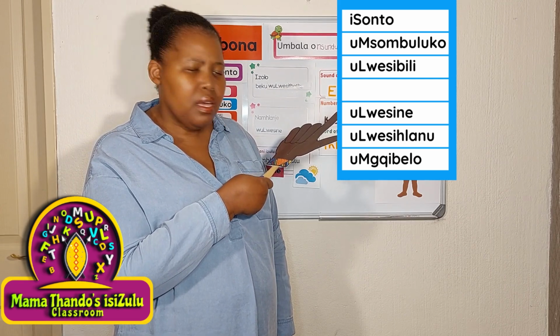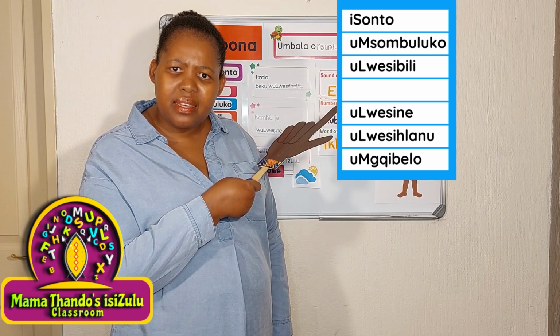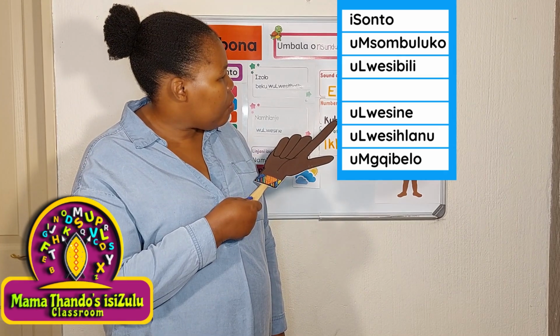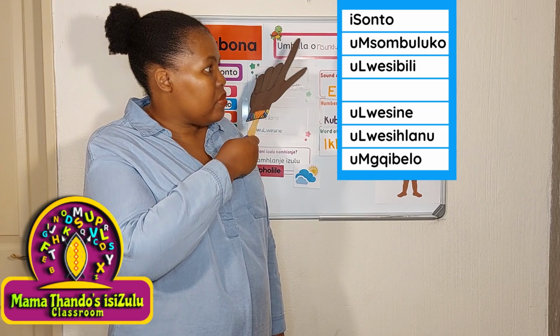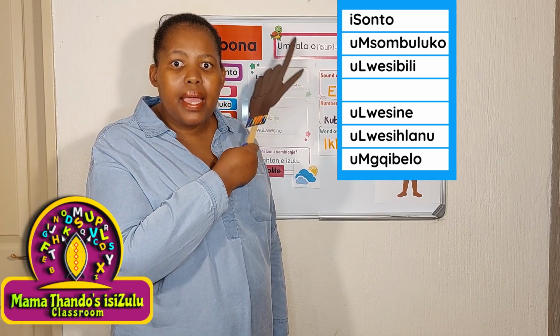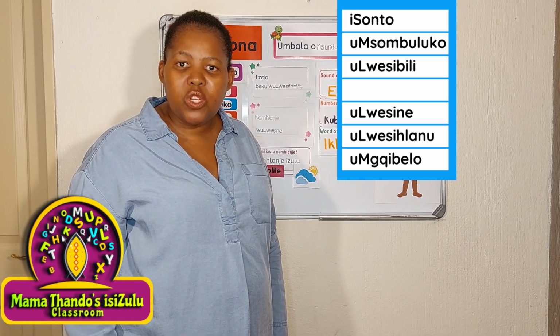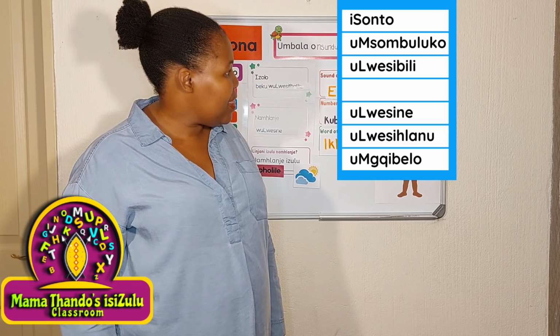Can you help me figure out which day is missing? Ngiyabonga. Now, I think let's say the days of the week from the beginning, Sunday, and let's go down the whole week, and then maybe we'll know which day is missing. Please help me. Now let's start.